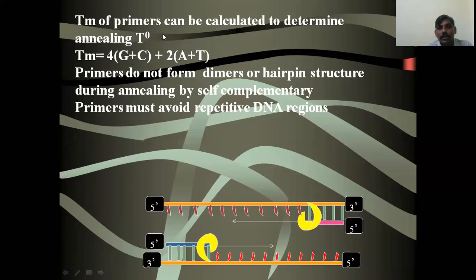The melting temperature is calculated with the formula 4(G plus C) plus 2(A plus T). This is the general formula to calculate the melting temperature. These primers should not form dimers or hairpin structures during annealing by self-complementarity. Sometimes a primer, due to self-complementarity, forms a hairpin structure, or two primers attach and form a dimer.